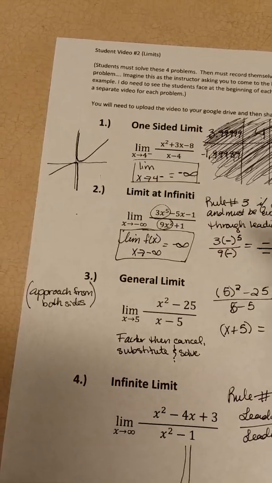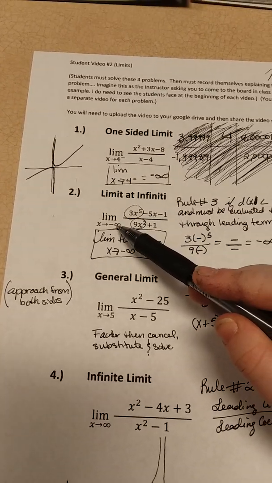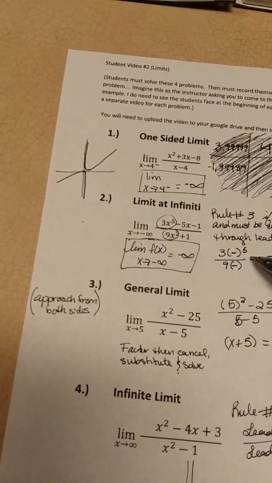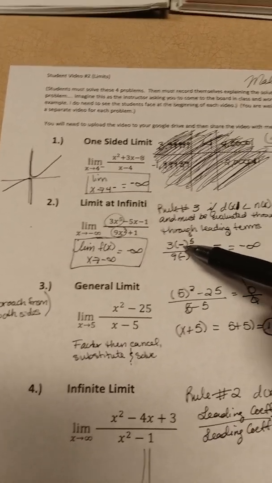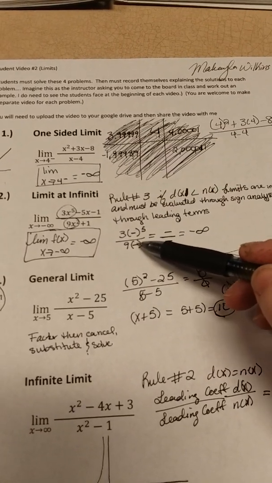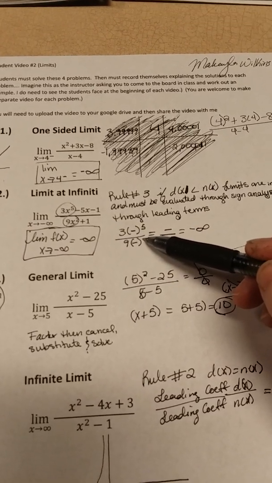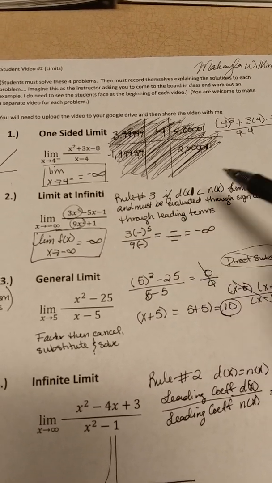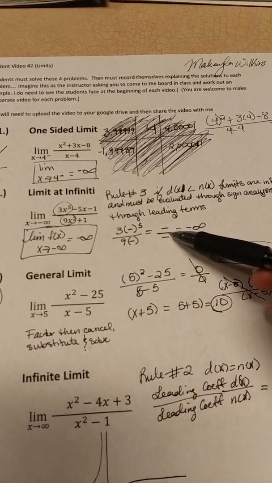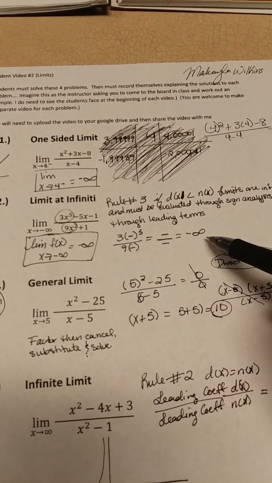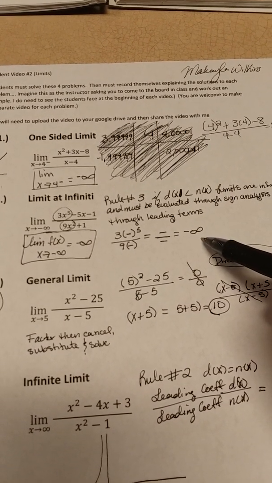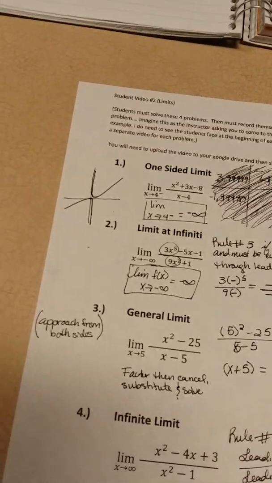Since we're looking at the limit towards negative infinity, I plugged in a hypothetical really big negative number for the numerator and the denominator's leading terms, which yields two negatives divided by each other. So the limit as x approaches negative infinity is also negative infinity.